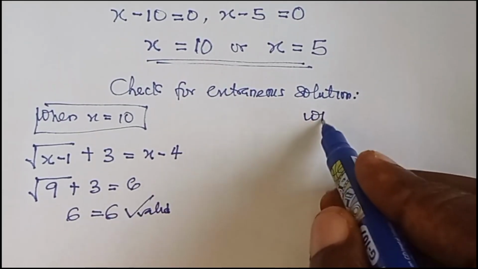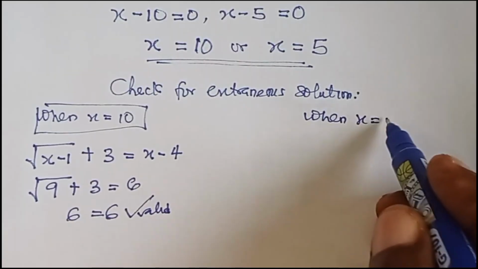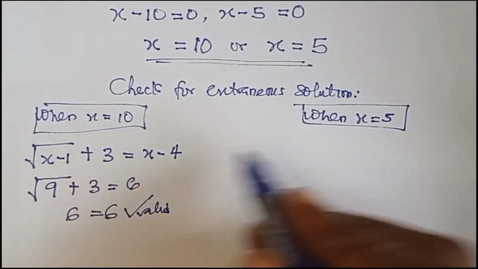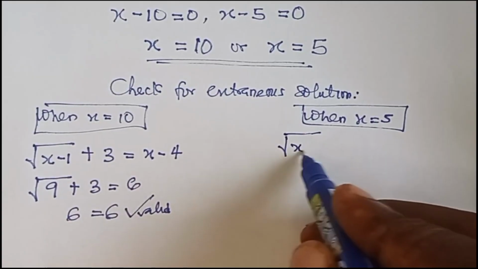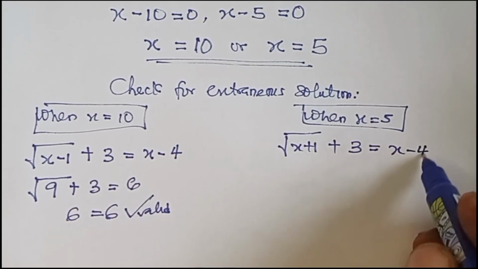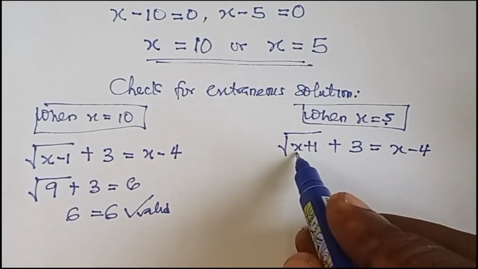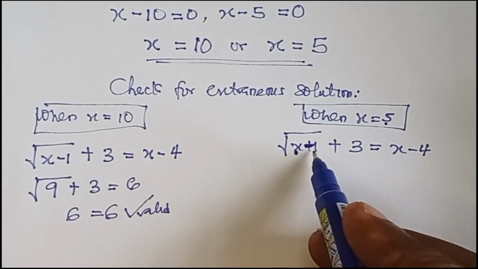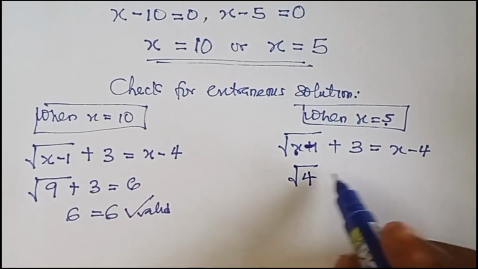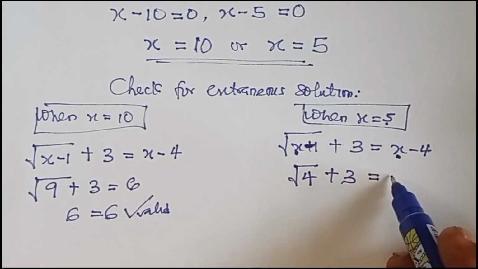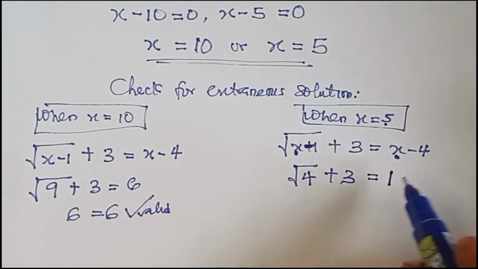And then when x equals 5, right, so we are using the same equation. We are using square root of x minus 1 plus 3 equals x minus 4. All right, so when x is 5, we have 5 minus 1, that gives 4, plus 3 equals, this is 5 minus 4, that gives 1.